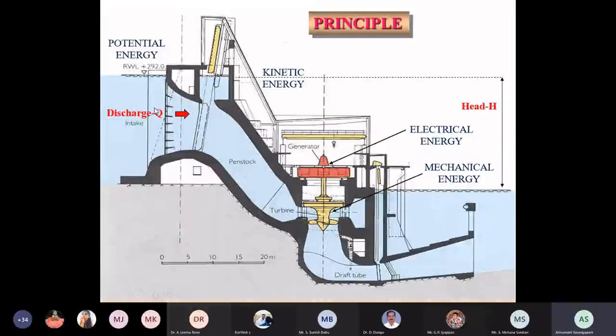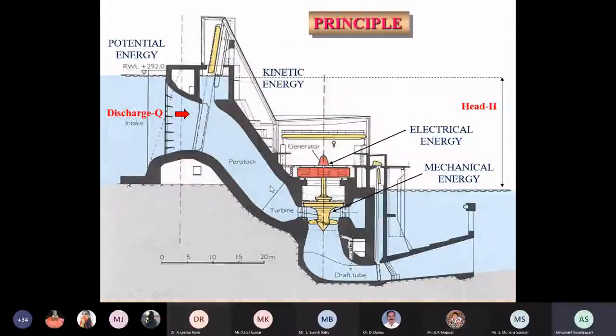This is the dam, or something where water is stored. From there the intake, this is called intake, and after that this is the gate to operate, close or open this valve. Then after that this will be installed in some projects. If a project has a dam and power house distance of around 10 meters, or 5 kilometers, or 20 kilometers, then this water will be taken through a tunnel or channel or pipe, and from there the penstock will be started.